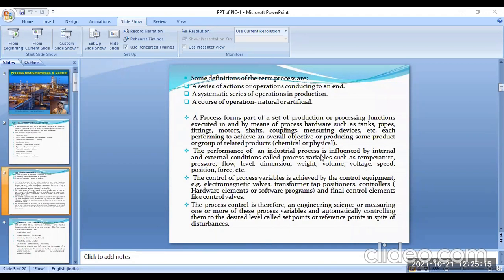So please remember: what is a process variable, and these are the process variables we control in different process industries. This control of process variables is achieved by control equipment. For example, to control the temperature we use a temperature monitoring device, for example an RTD. We also use a thermistor.